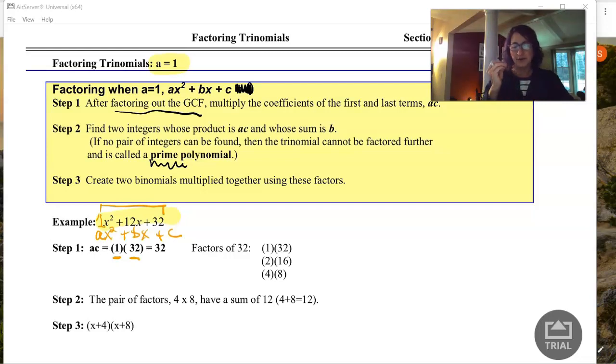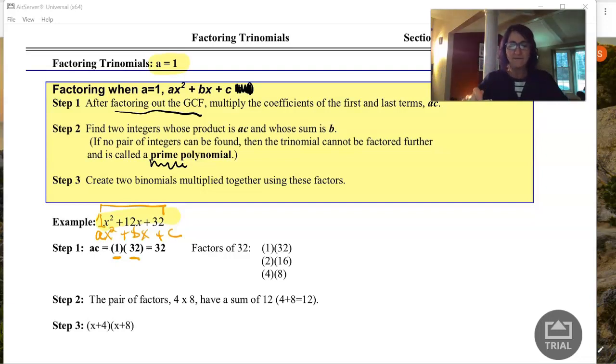Our factors of 32, we just brainstorm them, okay? 1 times 32, 2 times 16, 4 times 8. Then once you start repeating them, so the next factors would be 8 times 4, well, then you can stop. You don't need to repeat your list.